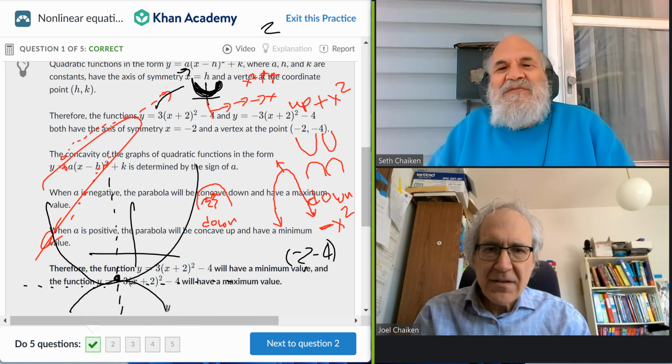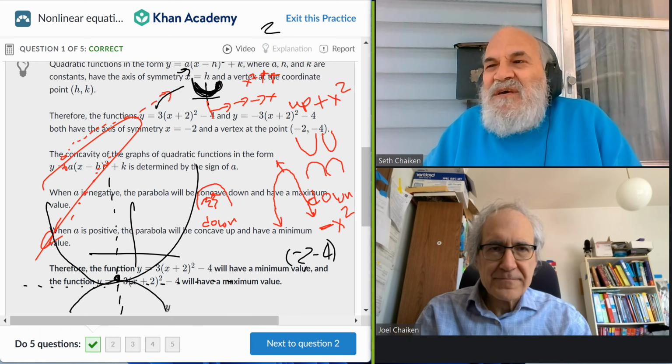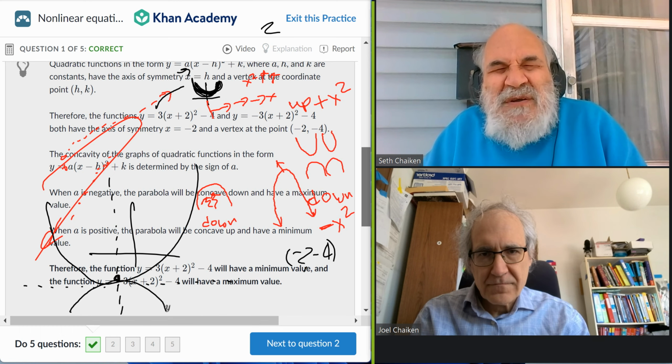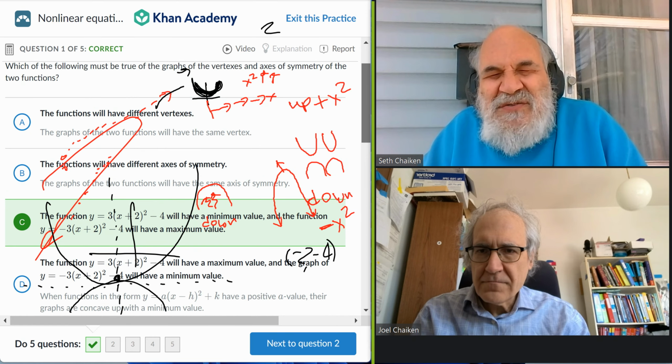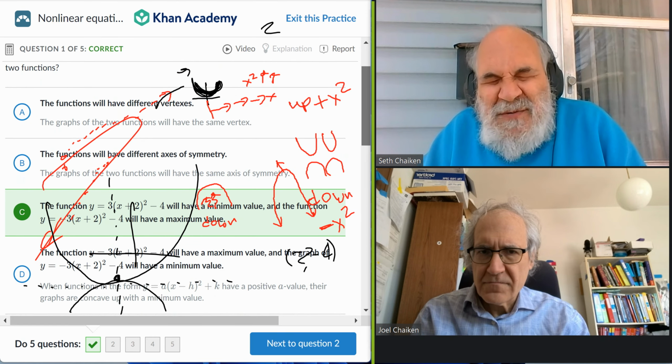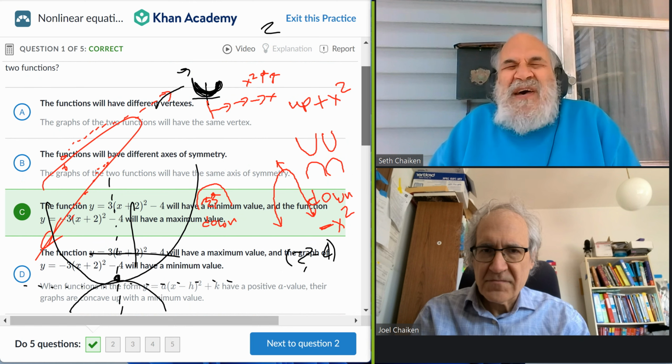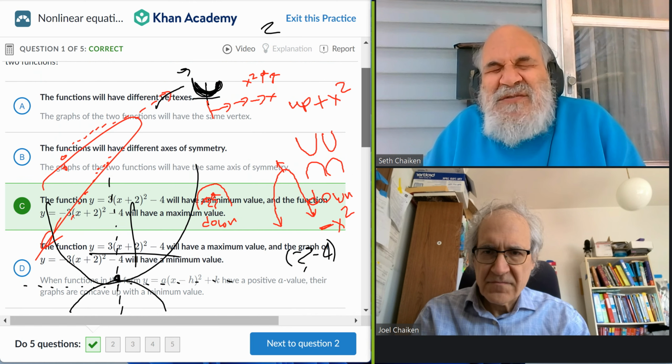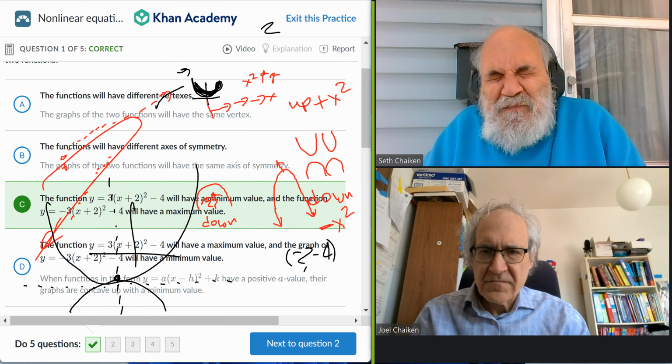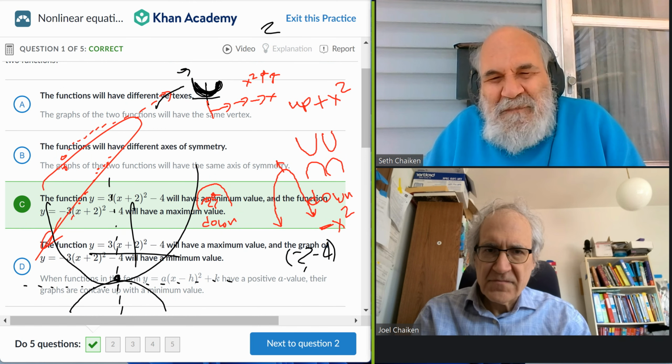I think therefore from the elementary point of view, the question is about two separate parabolas. And so I was wrong in saying that they both have a horizontal axis of symmetry.